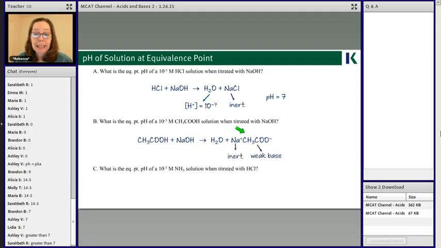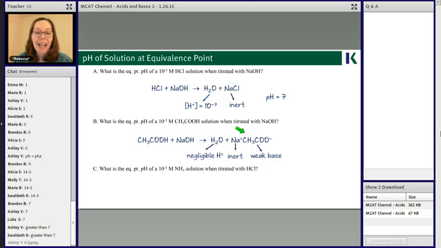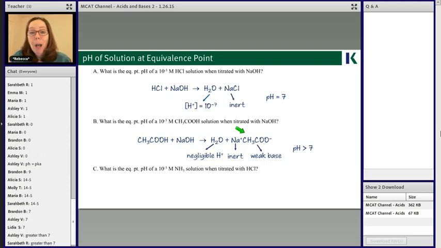That's a weak base. And water is a teeny tiny amount of H+. Who wins out? Our base wins out, and Ashley and Sarah Beth are exactly right. Our pH is going to be greater than 7. Now, based on that alone, tell me what you think the answer to C is.